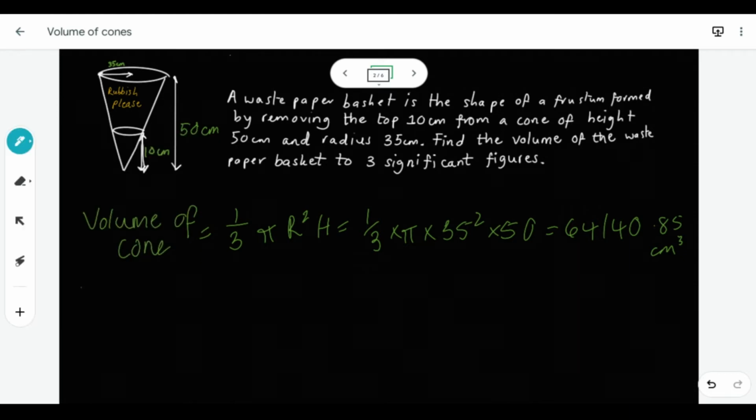Now the next part, the radius of the removed cone is going to be 35 divided by 5, because the cones are similar and the larger cone is an enlargement of the smaller cone.